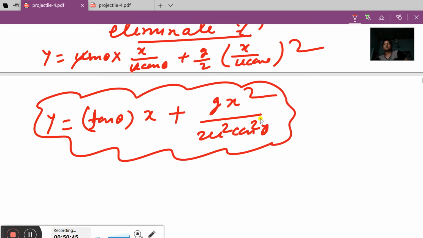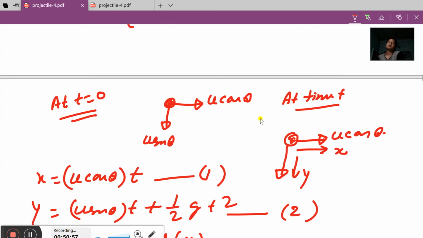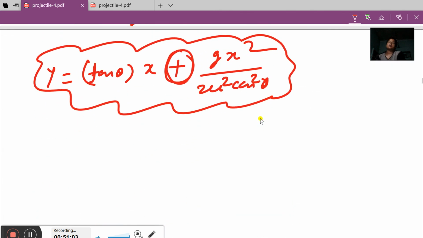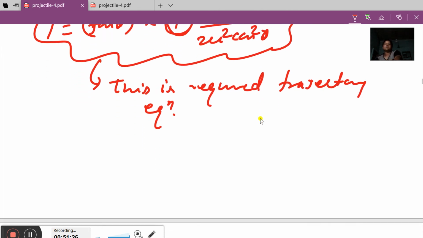We all know this equation. Only difference is the sign. y equals tan theta x plus g x square over 2u square cos square theta. So this is the required trajectory equation.